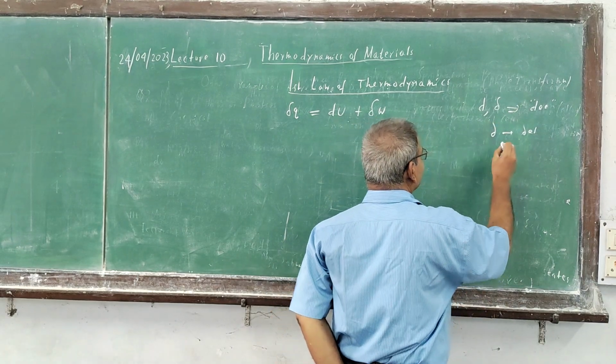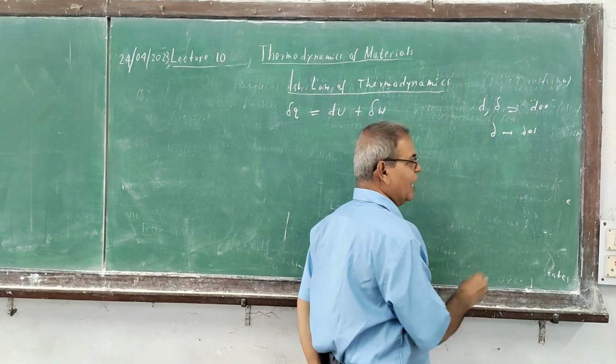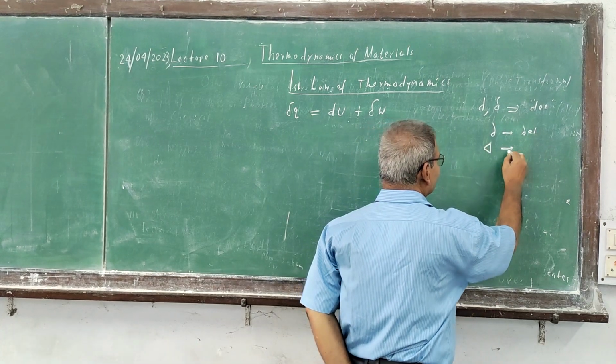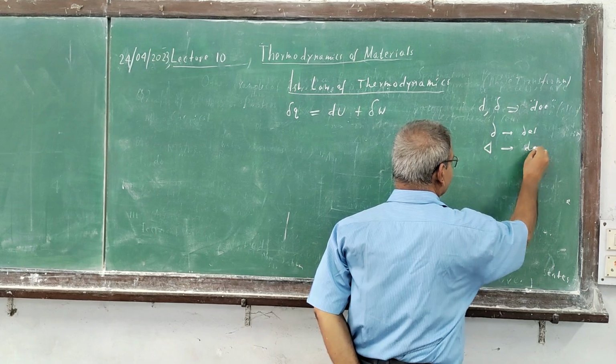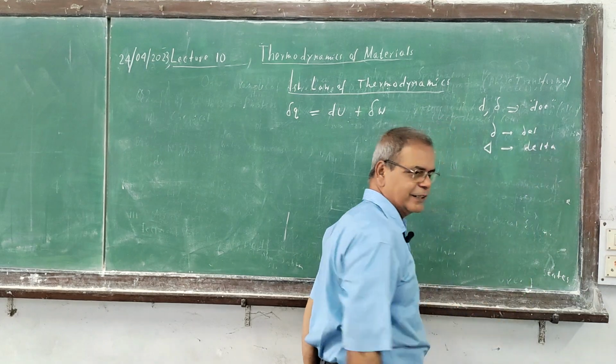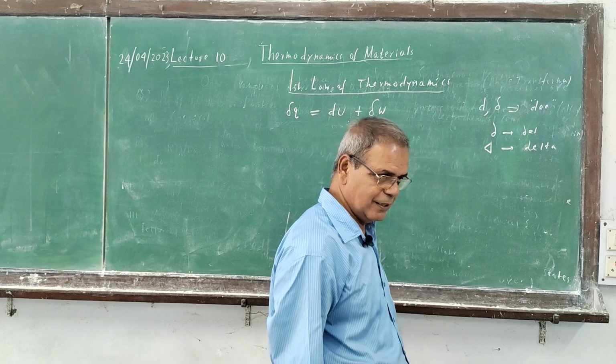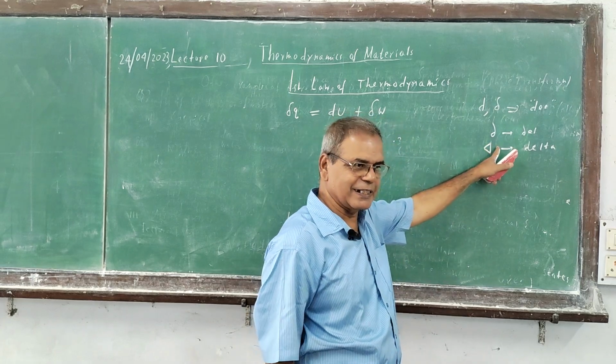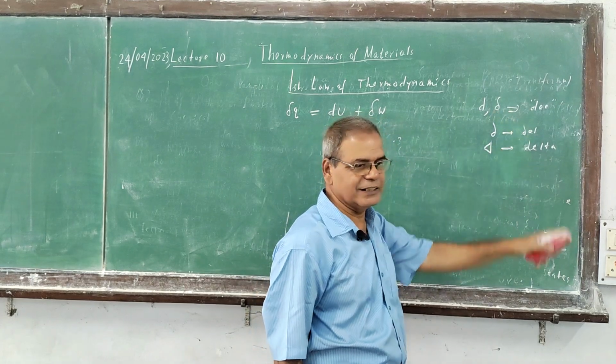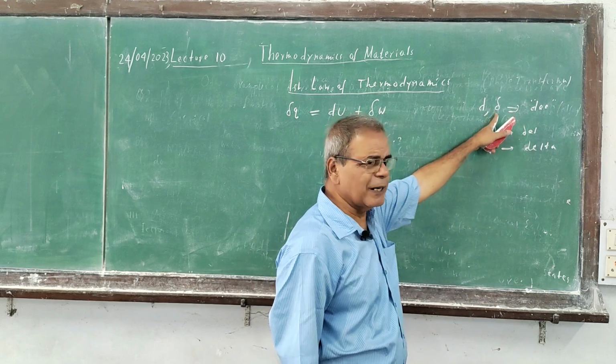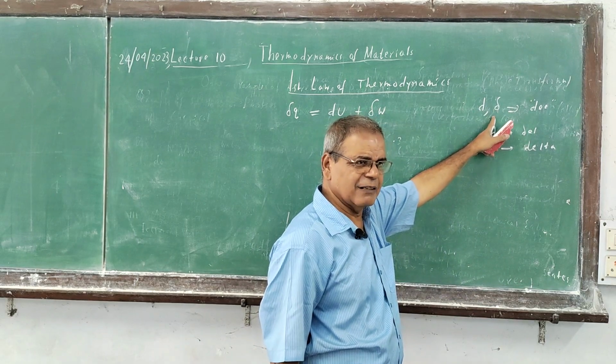What is delta? Del is a partial derivative, partial differentiation. We will discuss this as d. There is a difference between this and this.